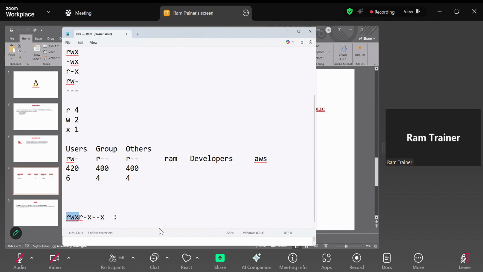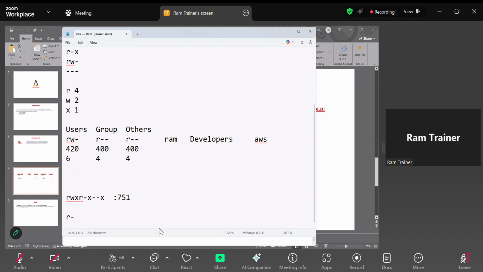First three values: read 4, write 2, execute 1, so 4 plus 2 plus 1 is 7. For the group, the next three bits: read 4, no write, execute, that means 4 plus 1, which is 5. The third one is no read, no write, only execute, with value 1. This is 751 permission.